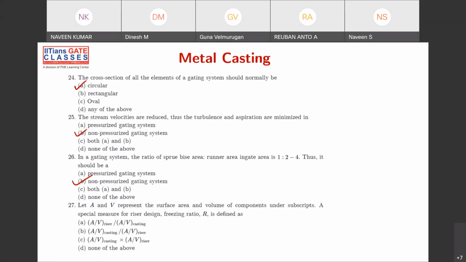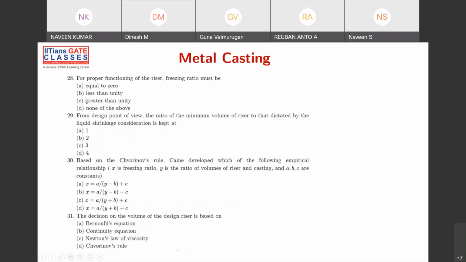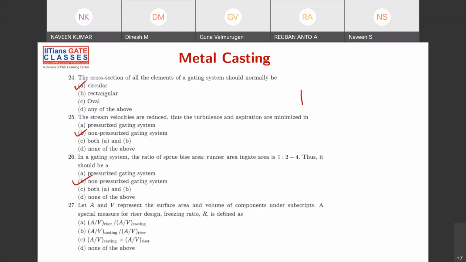If A and B represent the surface area and volume of the components, a special measure of riser design, the freezing ratio X, is the freezing ratio. We have clearly discussed this. The answer is what? It is nothing but the freezing ratio X. We have taken it on the X axis, right?